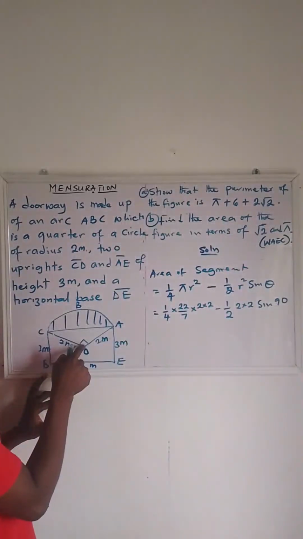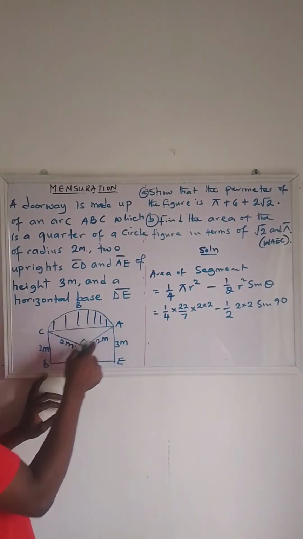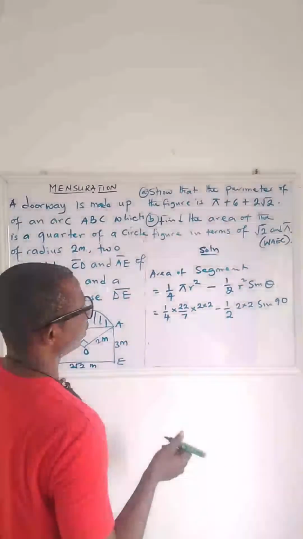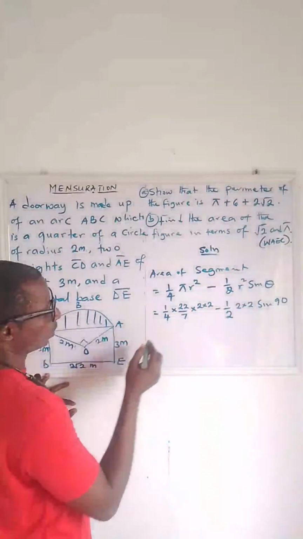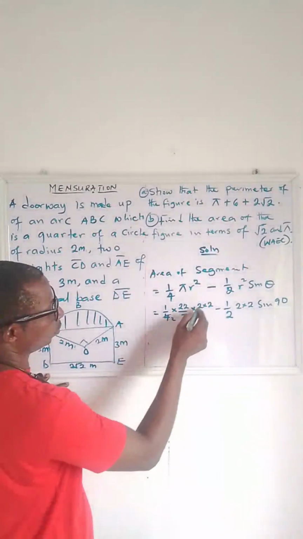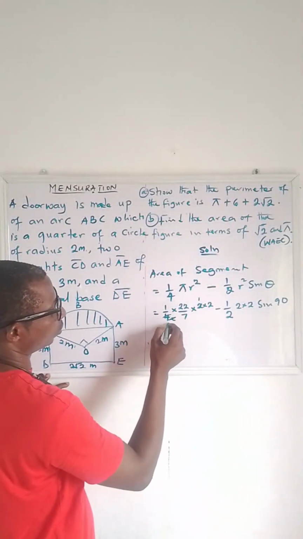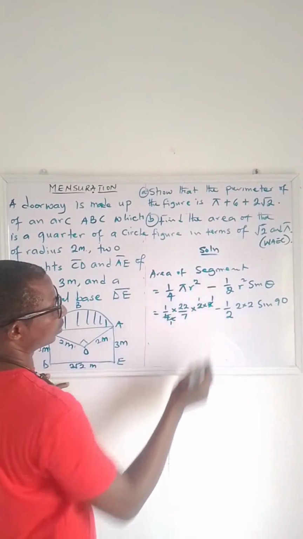You know the angle subtended is 90. Now let's try and simplify. 2 goes into 2 once, 2 goes into 2 once, and 2 goes into 2 once.